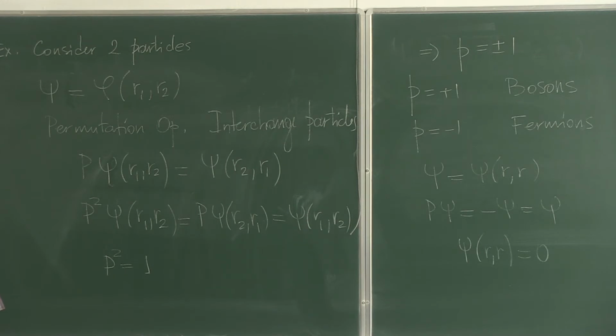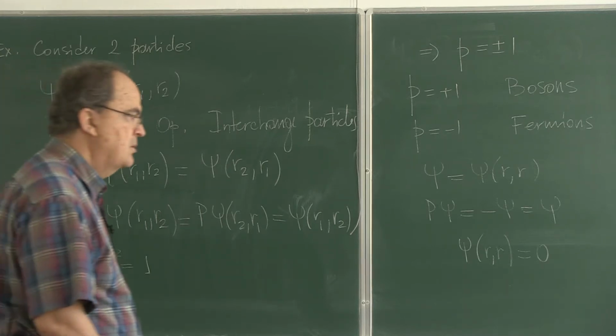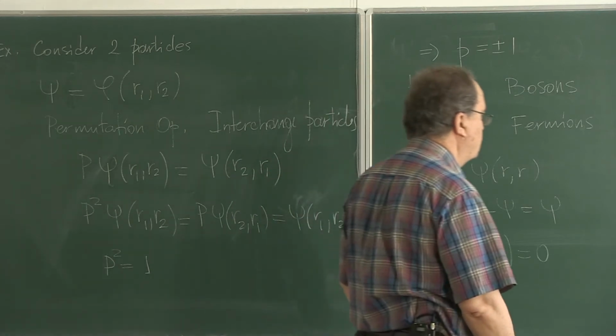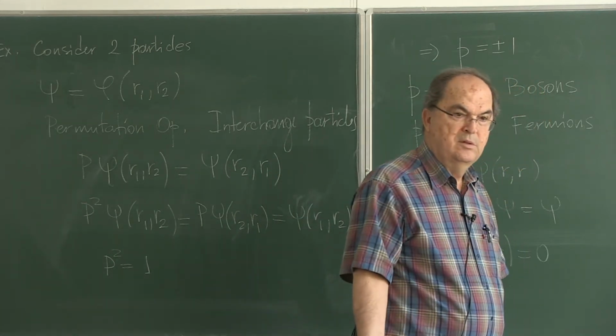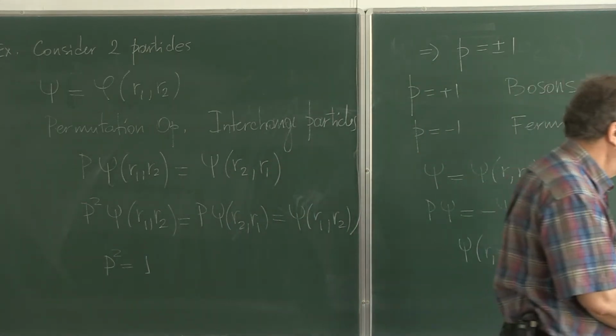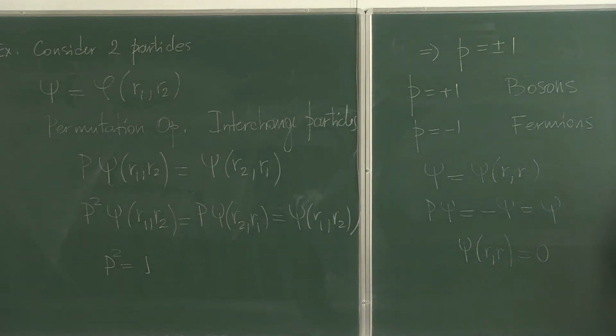What is the important property? Do you know? Well, it is their spin, isn't it? Particles with half-integer spins are fermions, particles with integer spin are bosons.